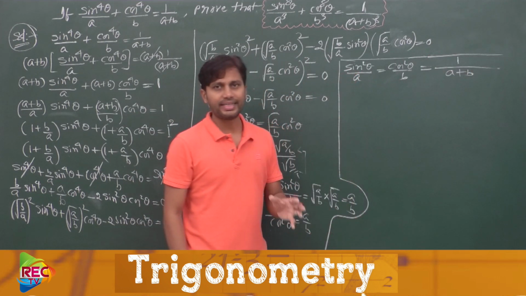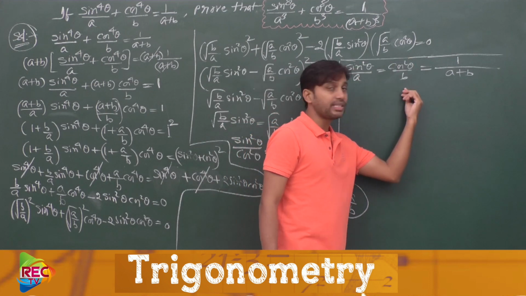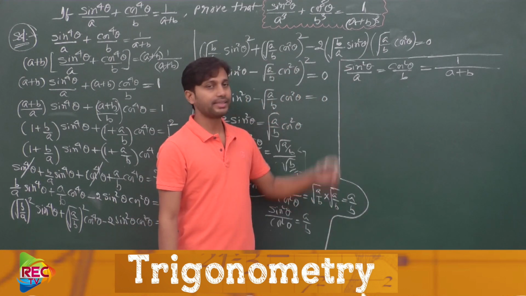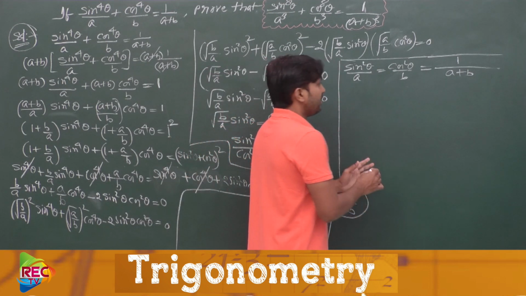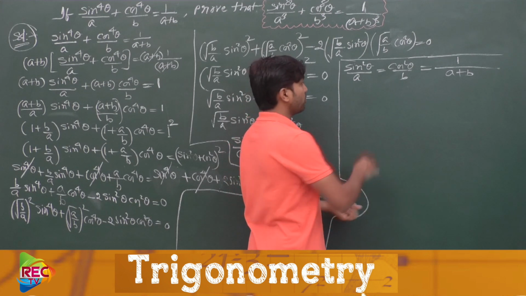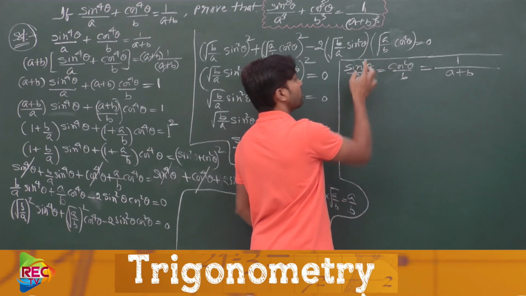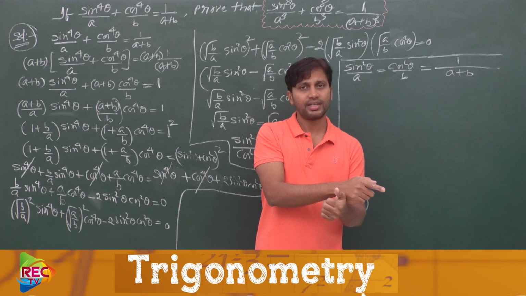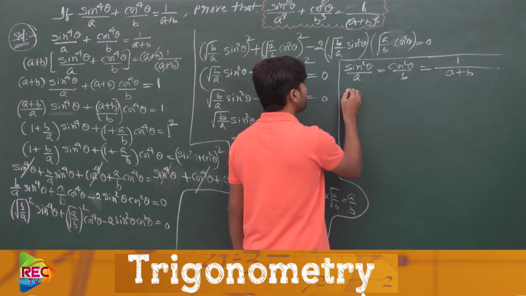So here we obtained the three equal ratios: sin square theta by a equal to cos square theta by b equal to 1 by a plus b. Right? Now when three ratios are equal, any two of them will be equal. Means when three numbers are equal, any two of them can be equal. Understood or not?